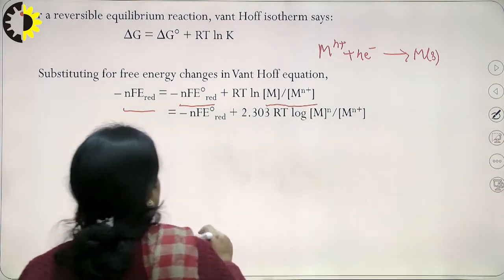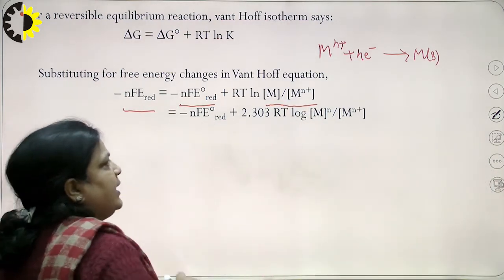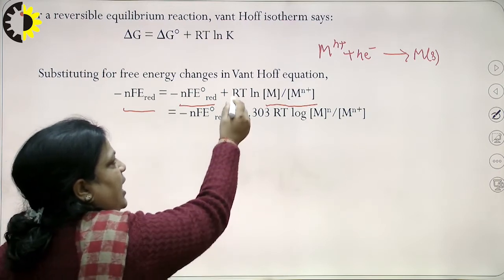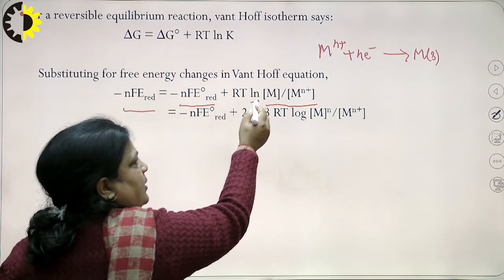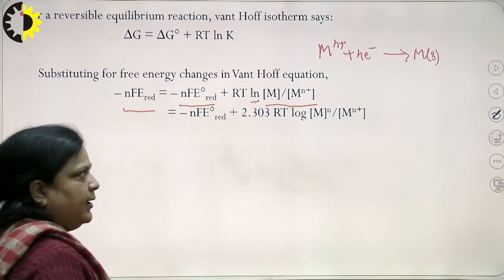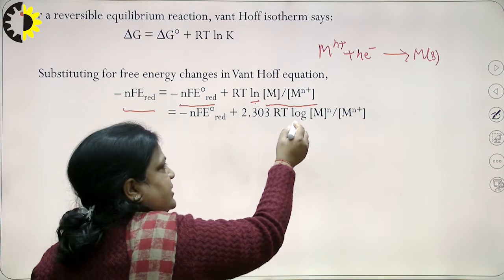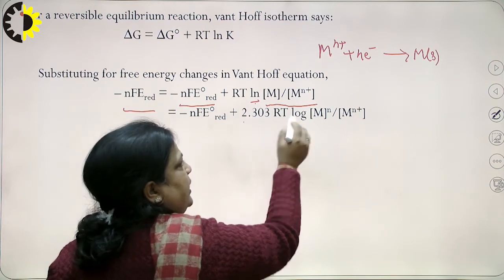So what will be the value? Minus nFE is equal to minus nFE naught plus R, which is 8.314, and ln is the natural log with base e. When we convert this ln to base 10, we can write 2.303 log.